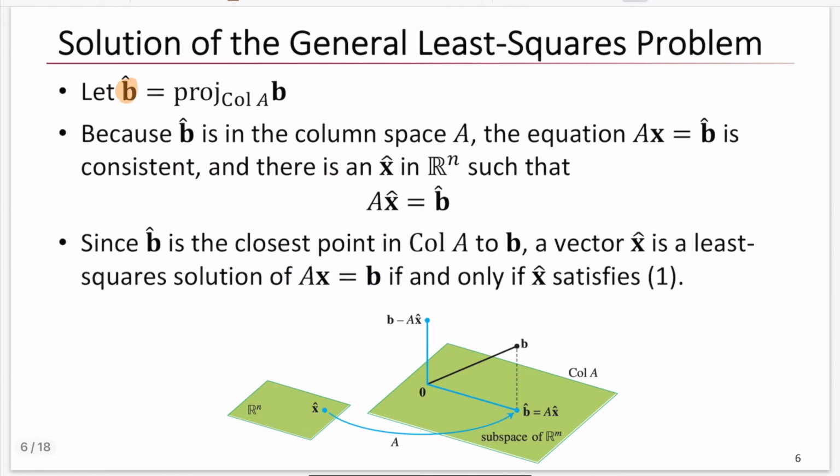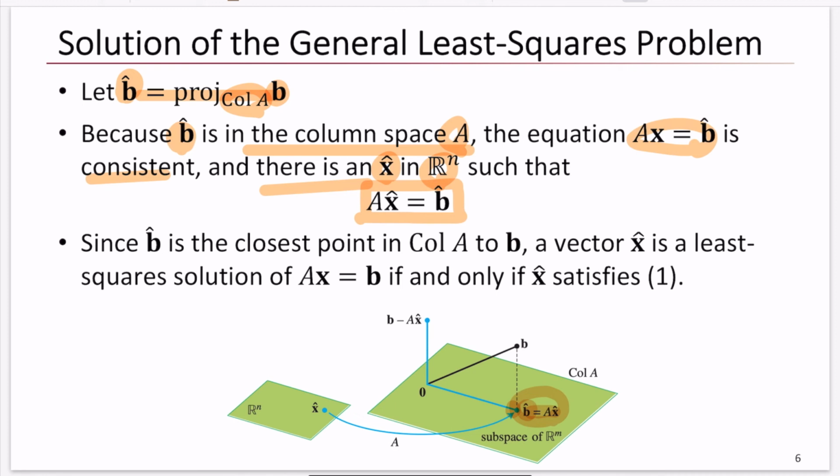Let b hat be the orthogonal projection of b onto the column space of matrix A. Here, right? Let's say b hat equals A times x hat. Because b hat is in the column space of matrix A, the equation Ax equals b hat is consistent, and there is an x hat in R^n space such that A x hat is equal to b hat.